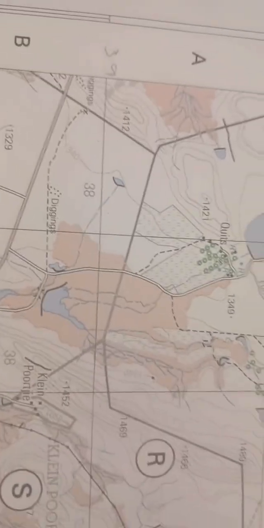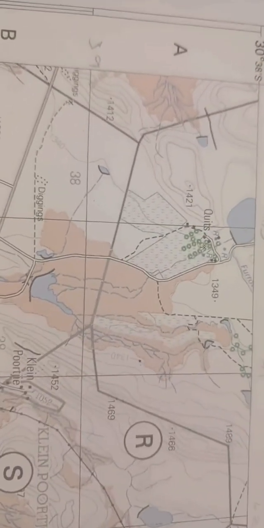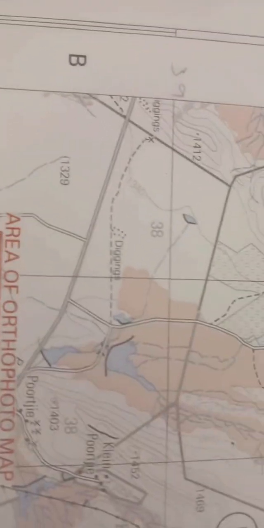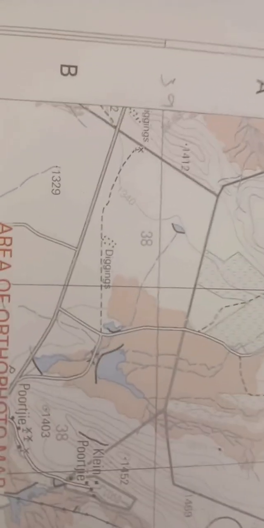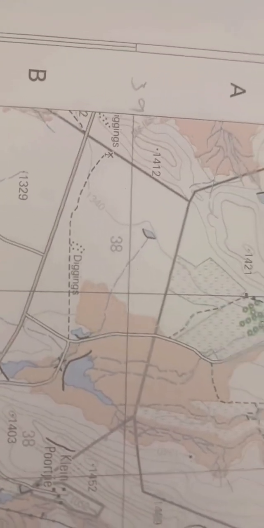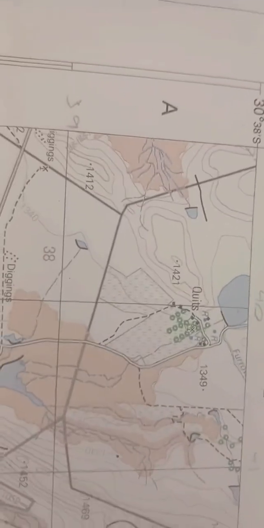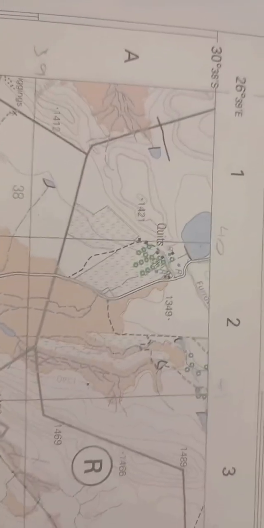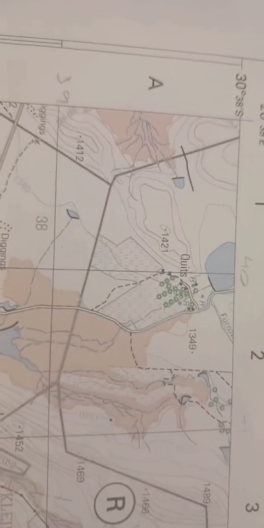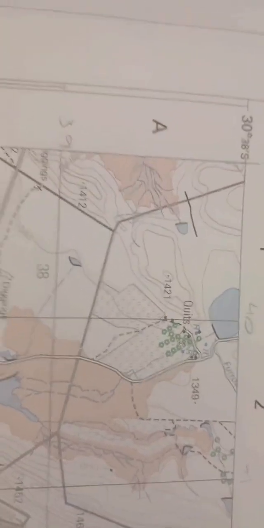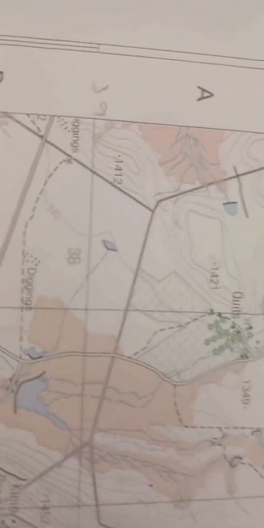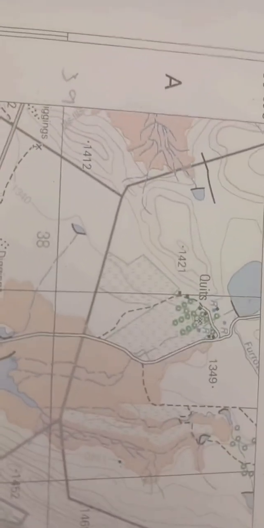Where we have 1421 is 1,421 meters, and where we have 1412 is 1,412 meters. So we are given these two spot heights as height indicators on the map.